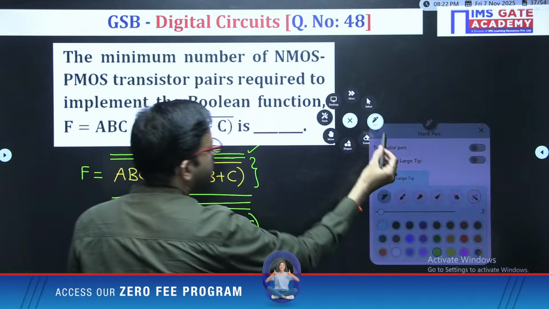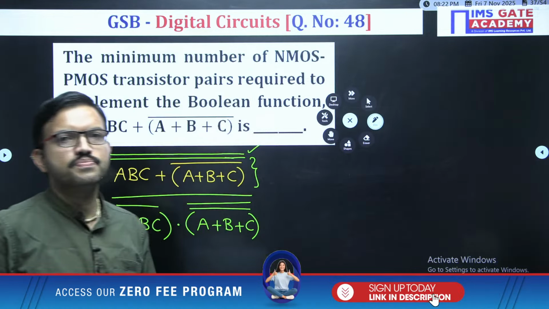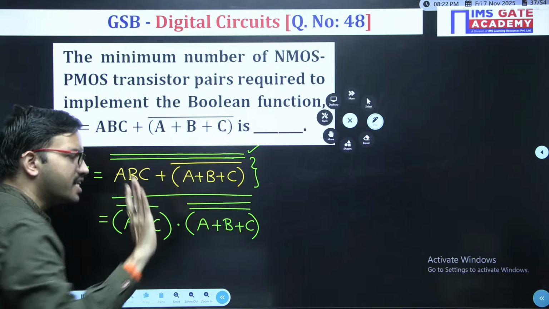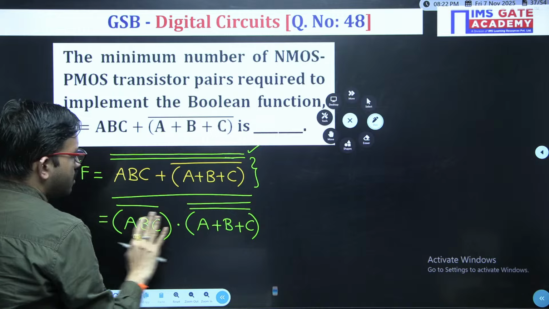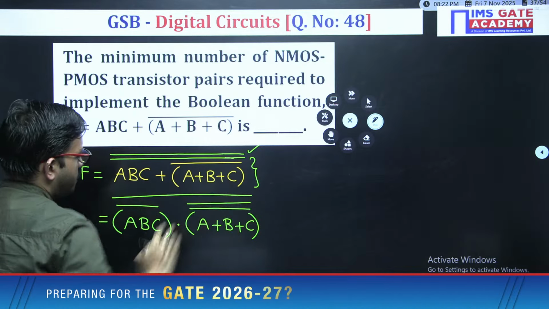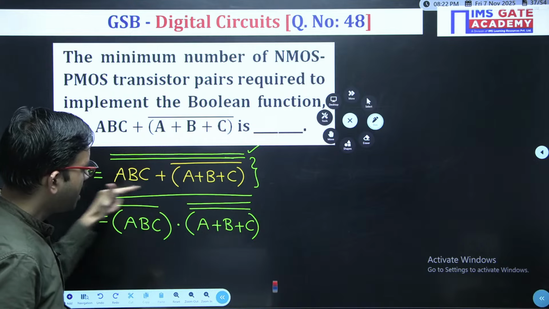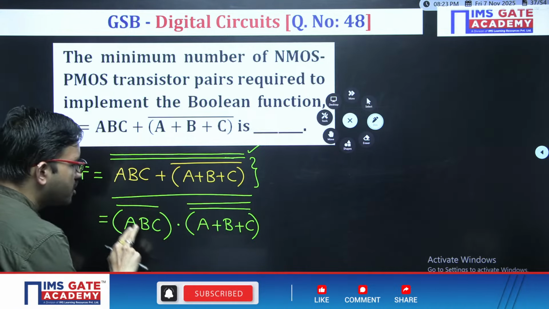So now just focus here. Up to here, if you got it, that is more than sufficient. First and foremost observation: the overall expression should have a complement. Yes, it is there. Now after that, just observe here. Forget about this term. You have ABC whole bar. That means you require 3 NMOS transistors.